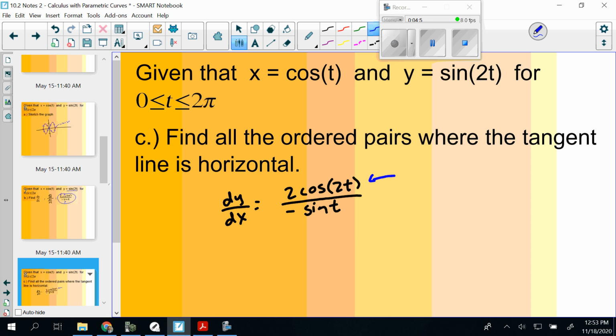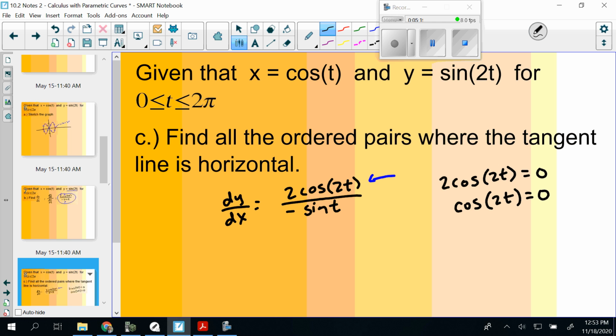So we want to set that numerator part equal to 0 to see what we get. So if you take that top part and put it equal to 0, what do we get? You can divide by 2 here, so then it's just cosine 2t equals 0. Where would that equal 0? This is something you need to be able to do without a calculator.